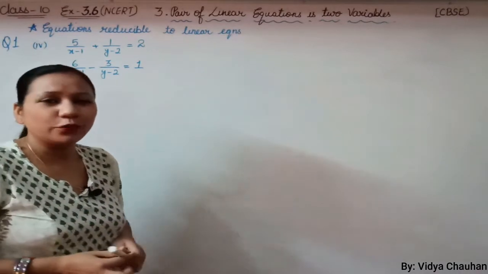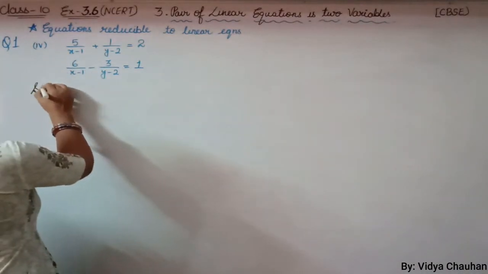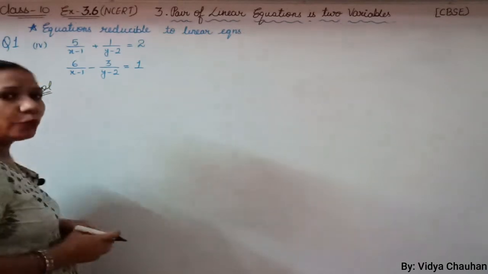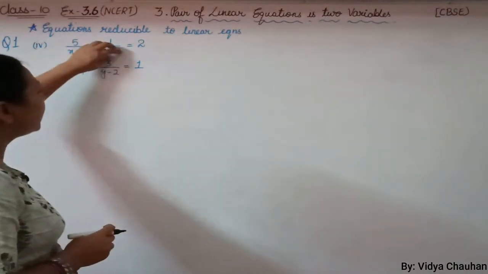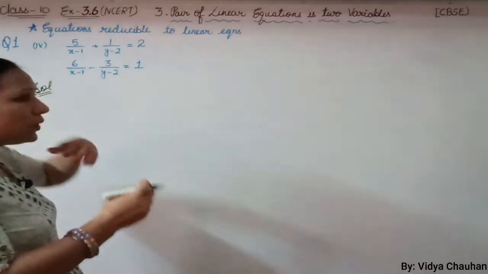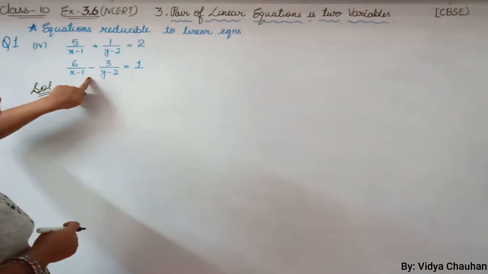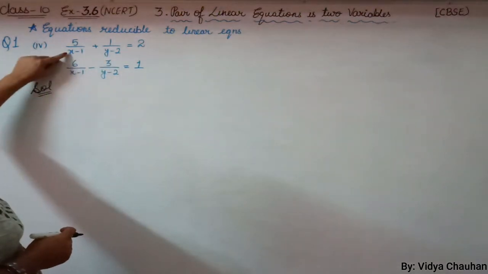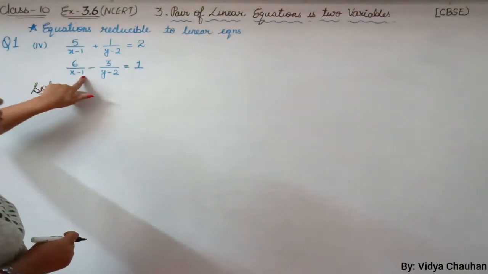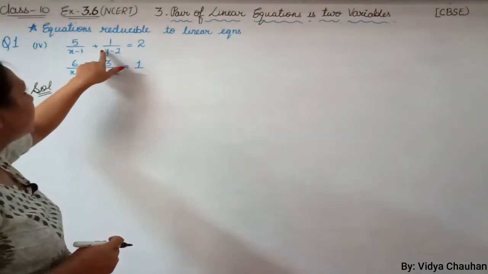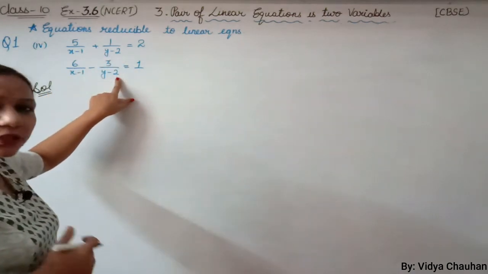Let us learn how. Whenever these types of equations are there, we need to replace this complete set of values with some other variables. For both equations, the first term has denominator x minus 1, and the second term has denominator y minus 2.